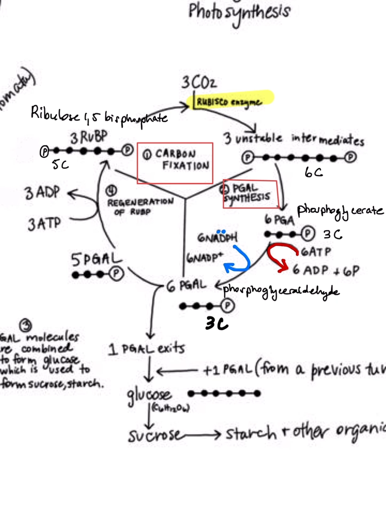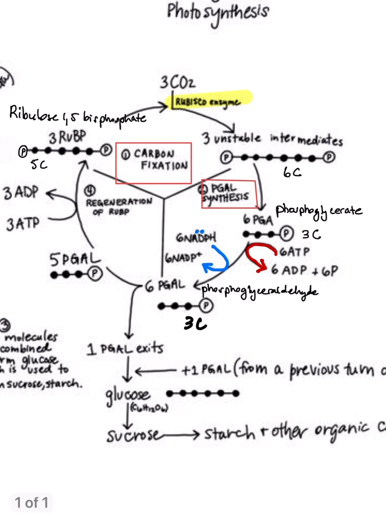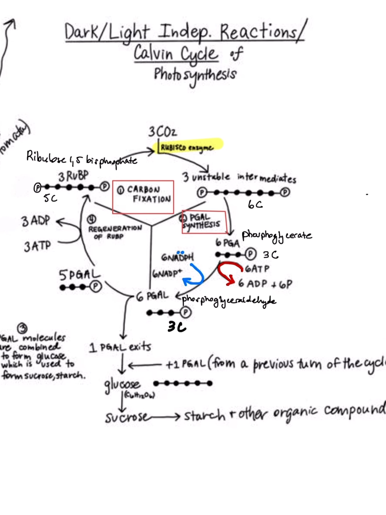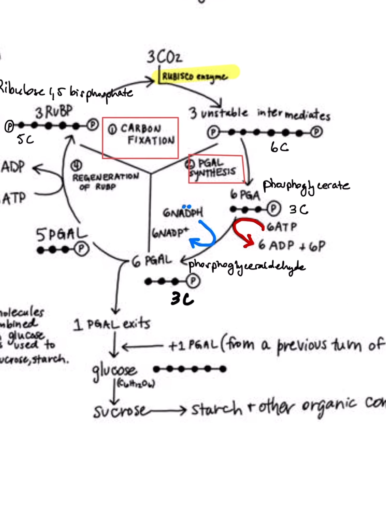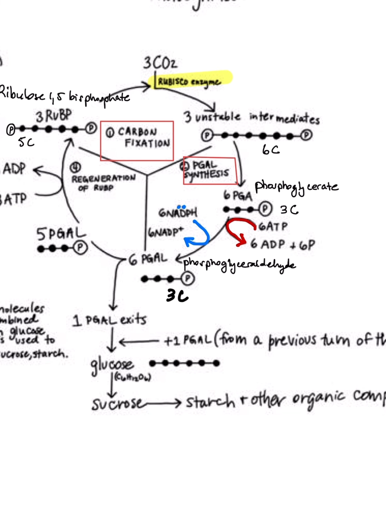In fact, only 1 of the 6 molecules will exit. 5 will stay behind, and this one that exits will join with another PGAL from a previous turn of the cycle. And if you have 2 3-carbon molecules and, of course, the correct enzyme available here, we see the formation of 1 molecule of glucose.